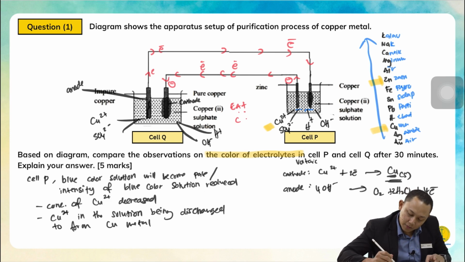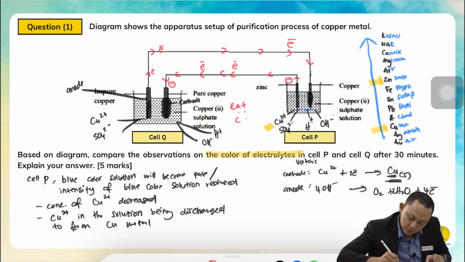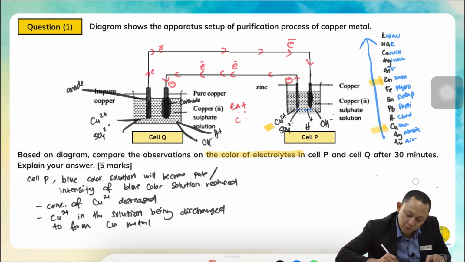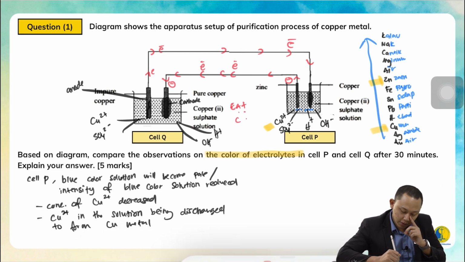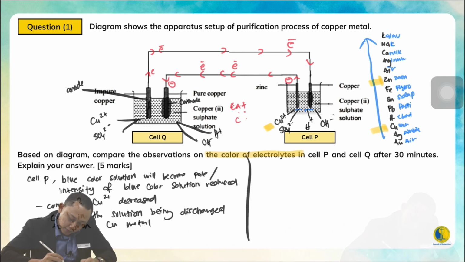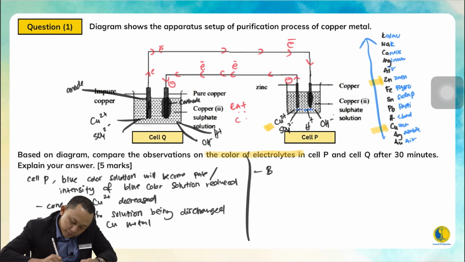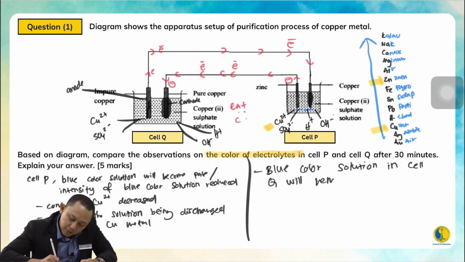This is what happened in the voltaic cell. On the electrolytic cell, you explain the same thing in terms of the color of the blue solution. The blue color solution in cell Q will remain.